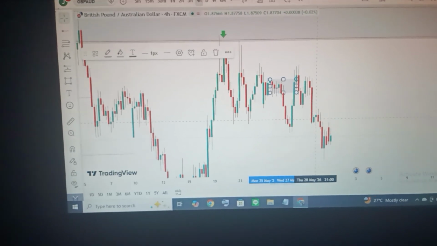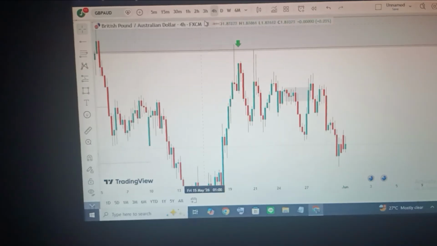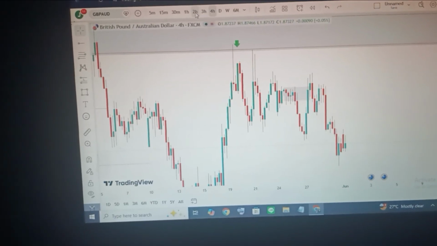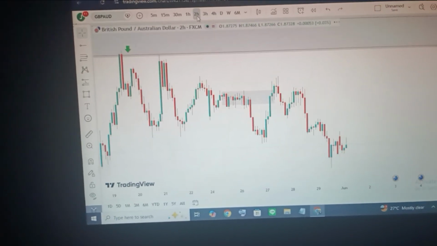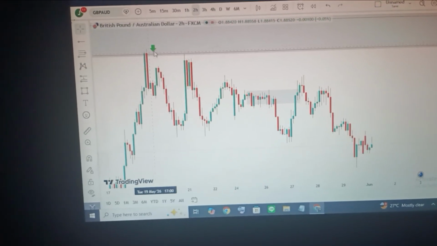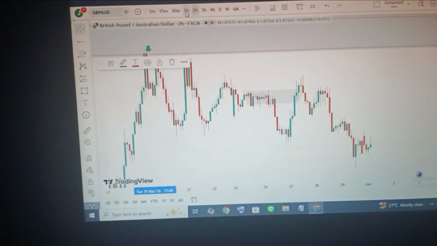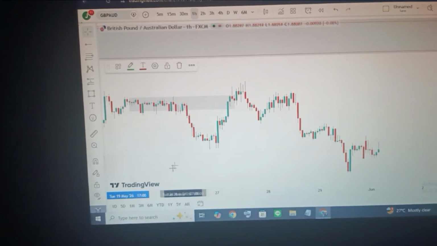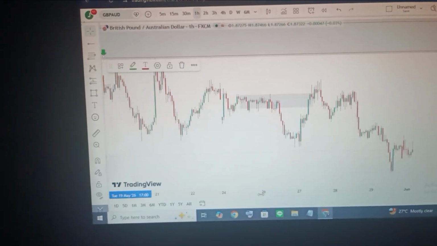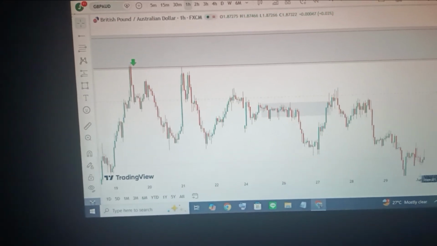So what I'm expecting from this analysis is, let's scale down to the 1 hour. So this is our entry point. Hold on, let's go to the one now. This is more like if you want to rescale into the market.